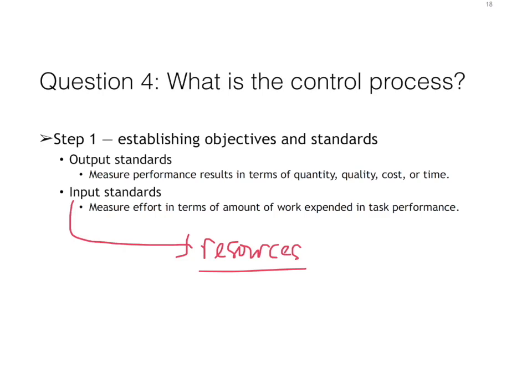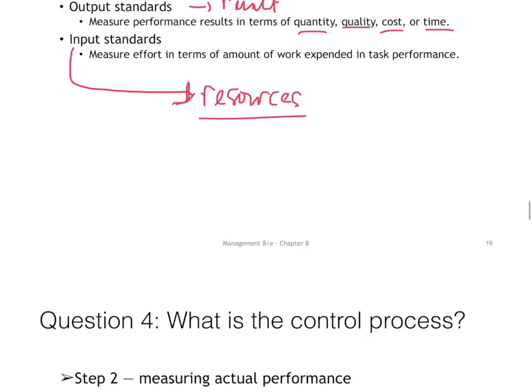That is the input standard. Output standard is the result: quantity, quality, cost, and time.